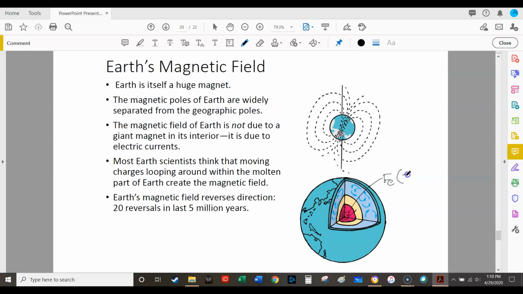Fe, or iron, right? And all these other types of heavy metals. So at the center of the Earth is a ferromagnetic material. And the Earth is rotating and spinning on its axis. Well, that's causing the center of the Earth to spin, which is causing all those little electrons to spin in the same direction, right?